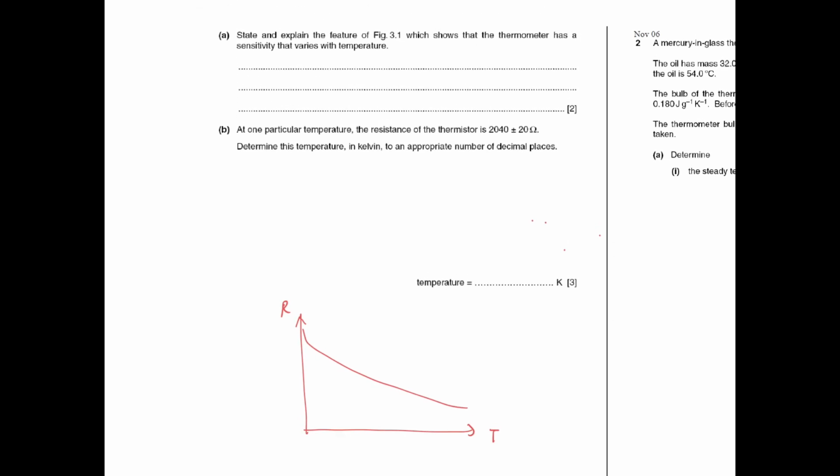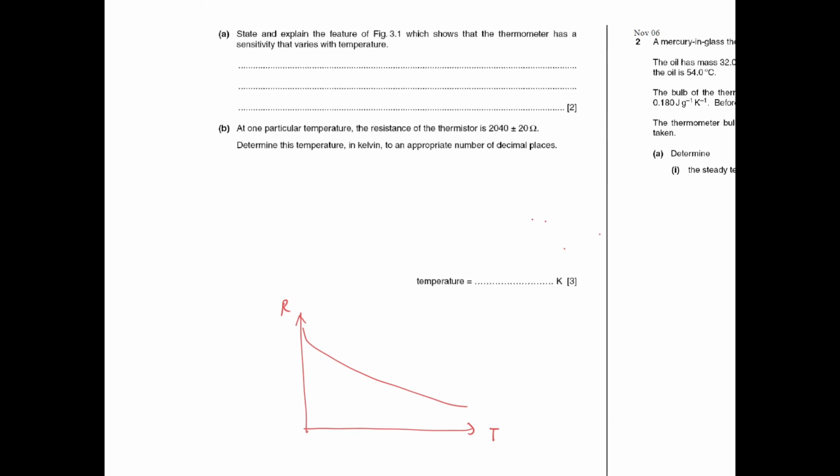I just copy the graph straight away. R versus T. The graph is like this. And what they ask here is to state and explain the feature of figure 3.1 which shows that the thermometer has a sensitivity that varies with temperature.